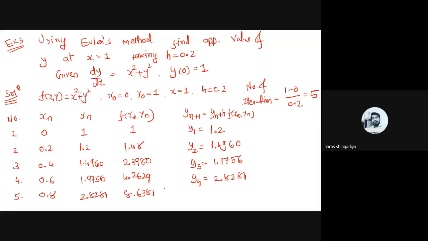And take the final answer y5, which is equal to 2.8281 plus 0.2 of 8.6381, and it is 4.5557. So we get the answer 4.555, and that is the answer of y of 1.